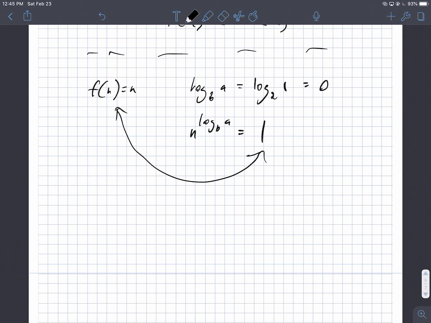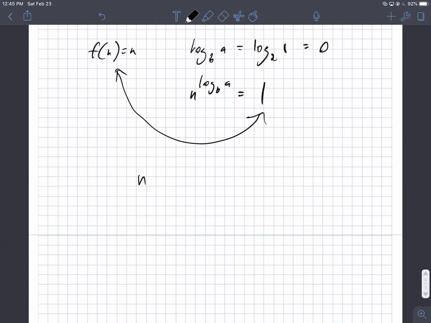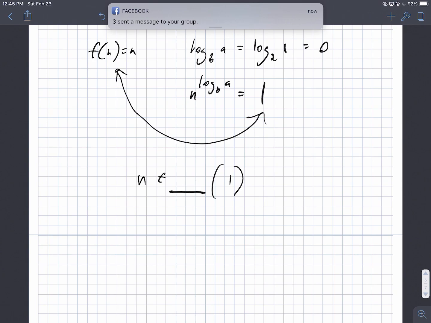So here, just by looking at this, how does n compare to 1? Is it O, theta, or omega? If we were to write n is an element of something of 1, what would that thing have to be? Omega. This would have to be omega.